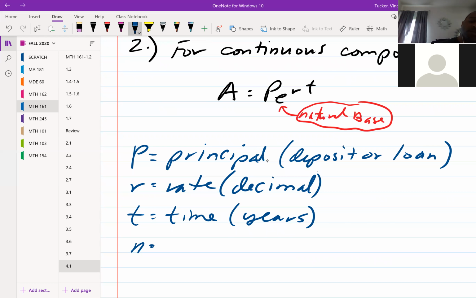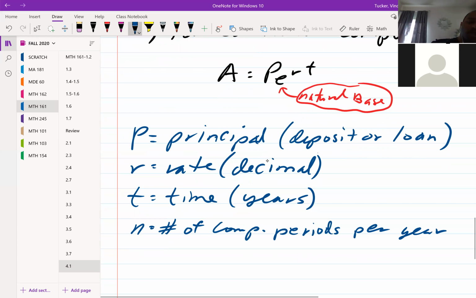And n is the number of compounding periods per year. Oh yeah, and A is the future value. So how much money you expect to be in the account after so many years.